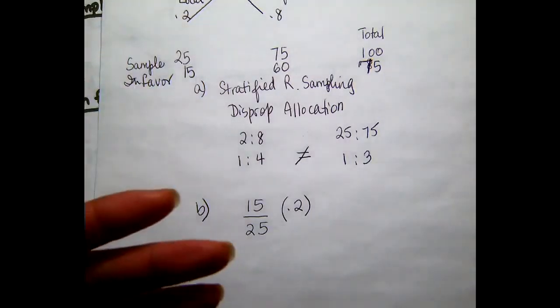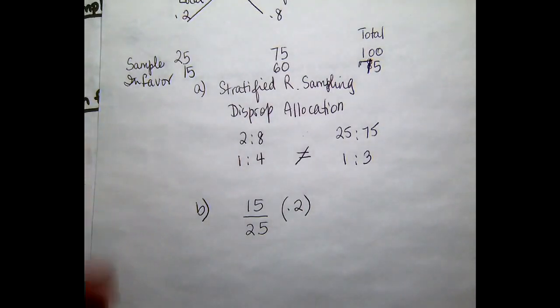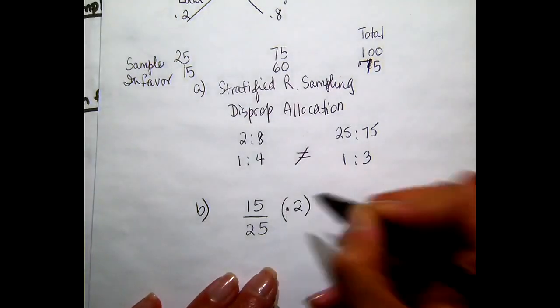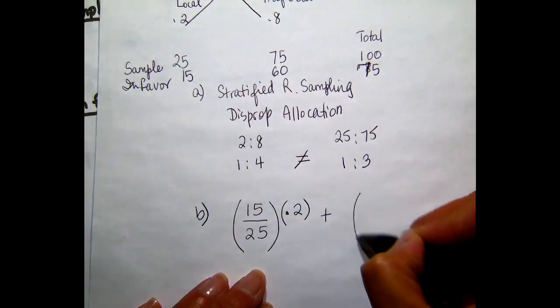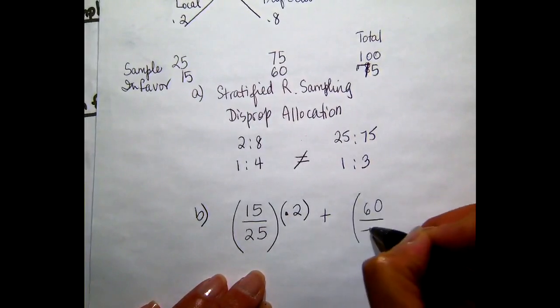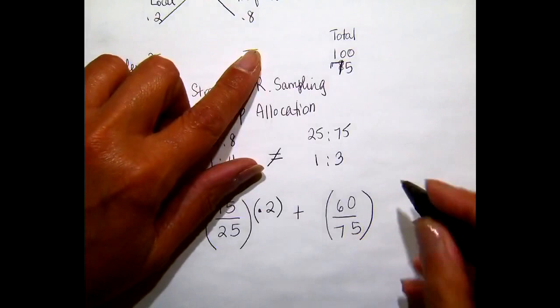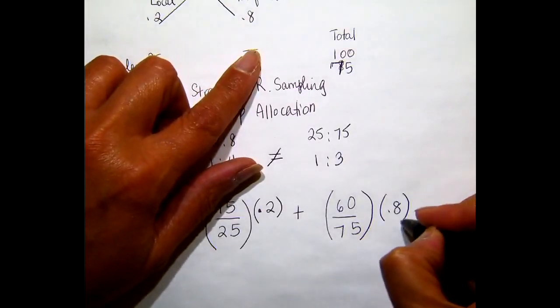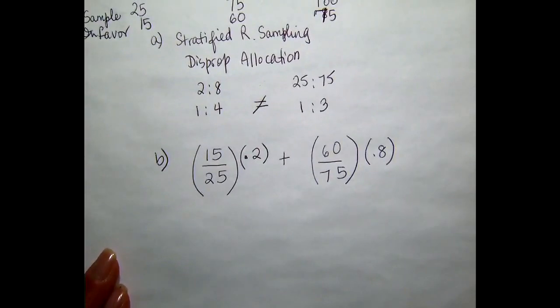I don't have to find the number and then divide again just to get 20%, because I would be wasting my time. So this is just 20% of the population, and this is the in favor rate, plus 60 over 75 from here, and that applies to 80% of the population. Follow me? Yes or no?